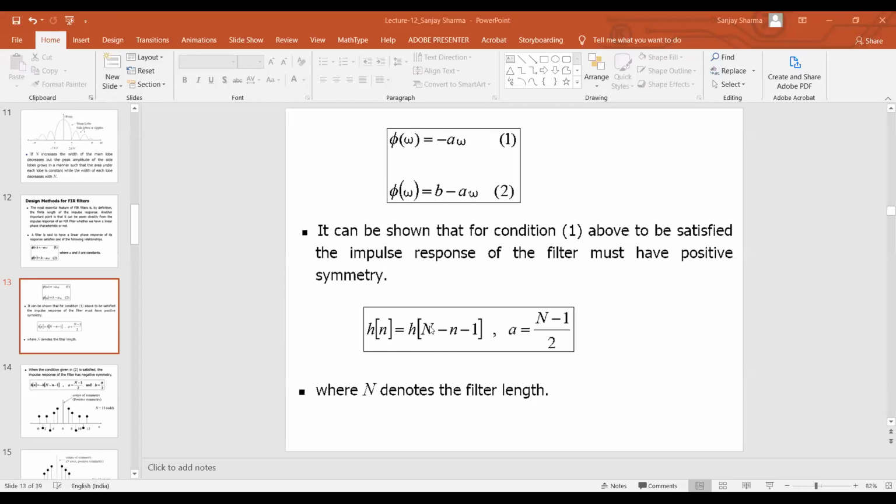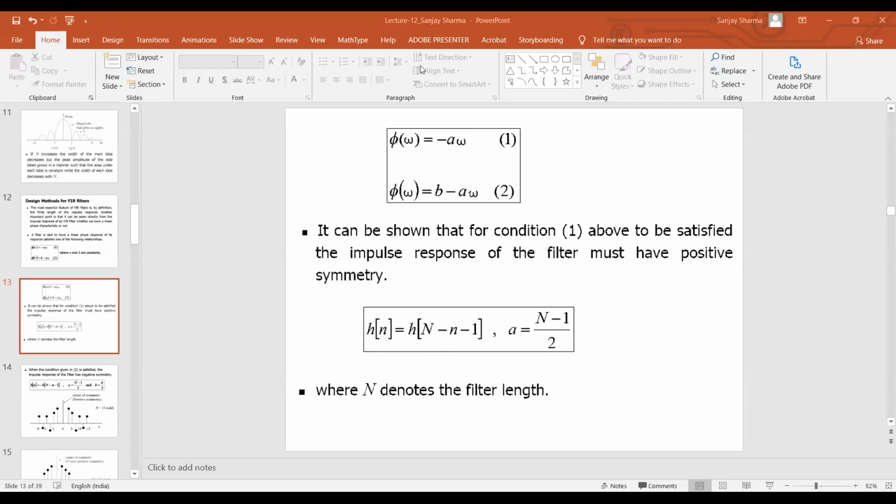These are known as symmetric filters, also known as type 1 symmetric filters, where N denotes the filter length. What do you mean by filter length? Because we are applying a window, and through that window we will be looking at only these many samples. So that's why this is the filter length.